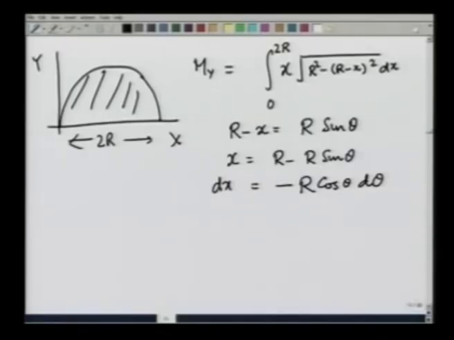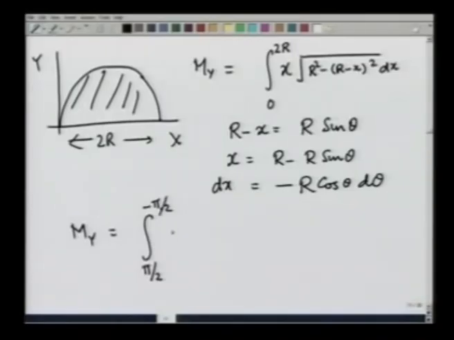Substituting this, we get my equals, when x is 0, sin theta is going to be 1, and therefore theta is equal to pi by 2. When x equals 2r, sin theta is going to be minus 1, and therefore this is going to be minus pi by 2.